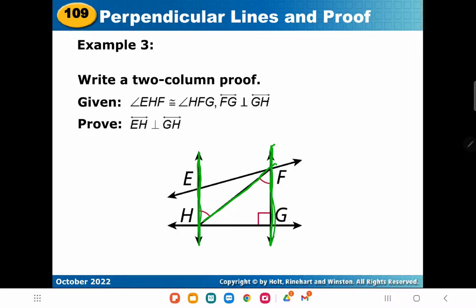I notice I have a transversal here, so I am going to be using AIP, showing that these lines are parallel to each other. And then I'm going to rely on the fact that I have this right angle here. GH is perpendicular to FG. It is therefore perpendicular to the line to which FG is parallel. So let's see this in action.